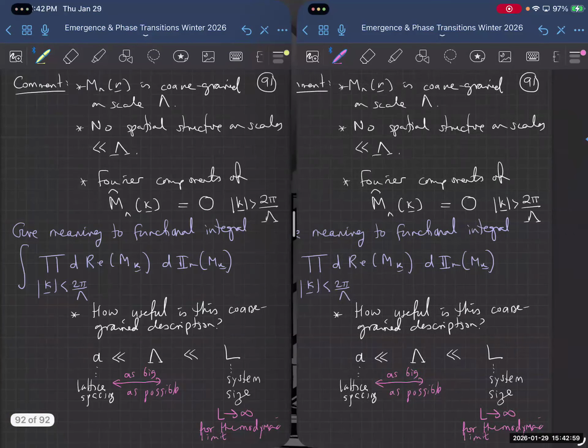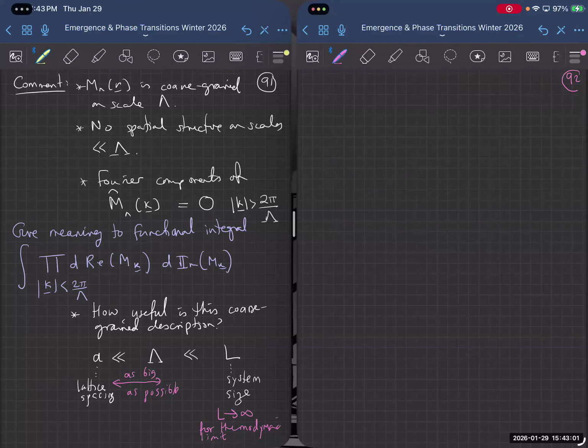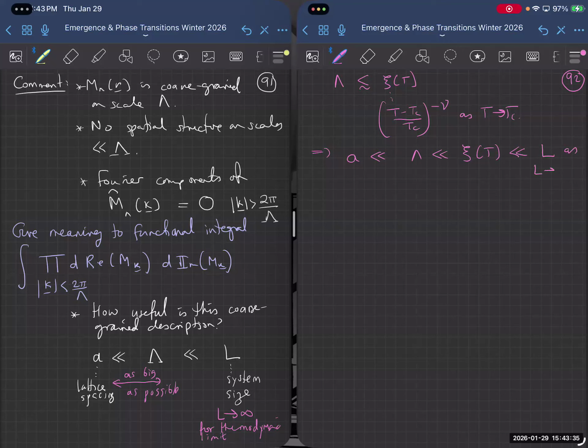And the nice thing is that when we are near a critical point, lambda is less than or of order the correlation length. This correlation length goes as (T minus Tc over Tc) to the power minus nu as T tends to Tc. So we have the condition that a should be much less than lambda, much less than the correlation length, much less than L as L goes to infinity.